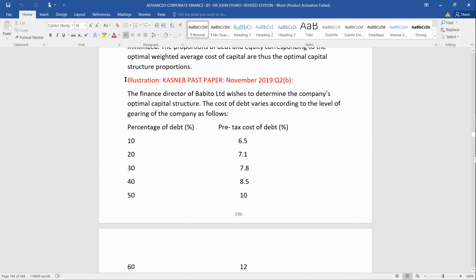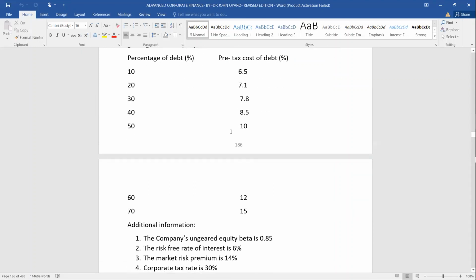The finance director of Babito Limited wishes to determine the company's optimal capital structure. The cost of debt varies according to the level of gearing of the company as follows. Percentage of debt, 10% debt, pre-tax cost of debt 6.5.